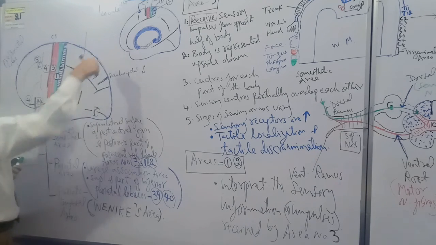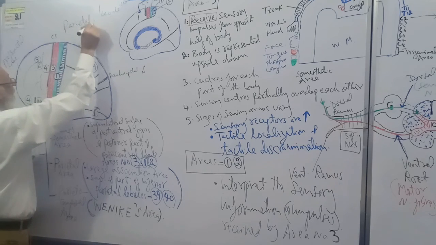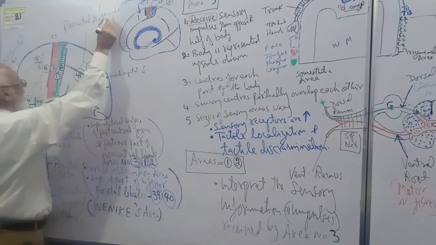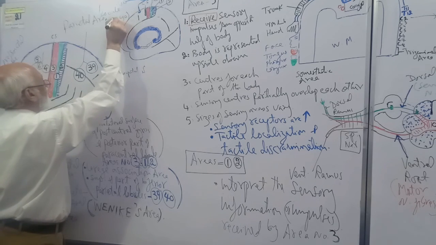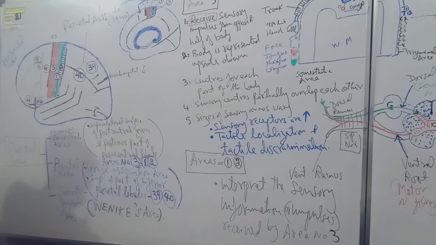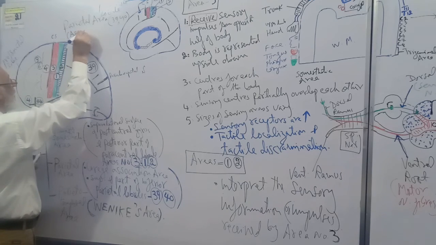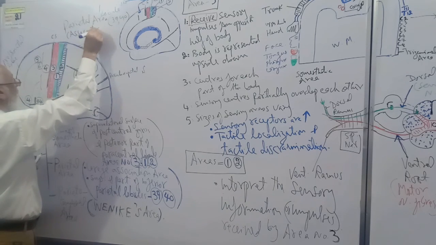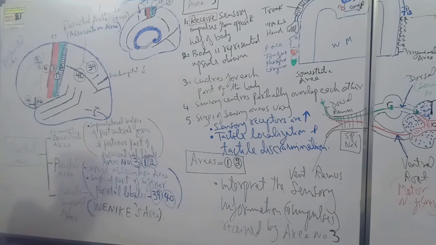This is labeled as the parietal area, area number 39 and area number 40. This is one of the larger association areas of the brain.